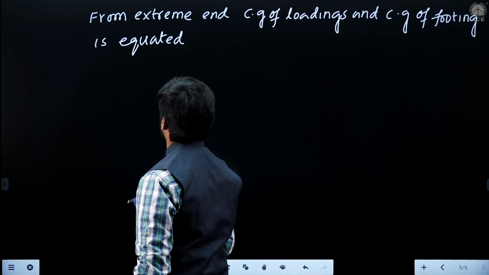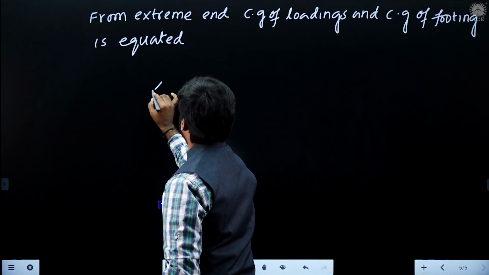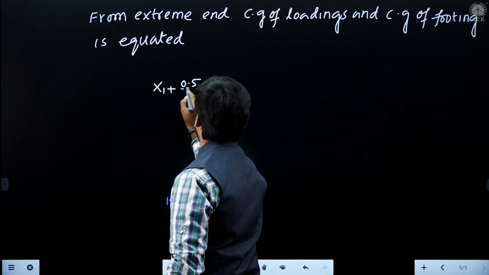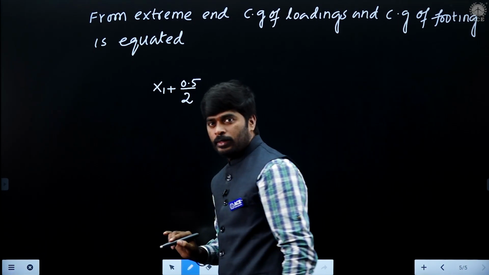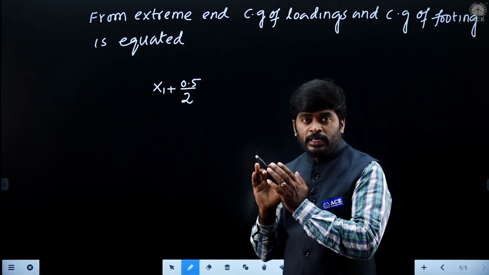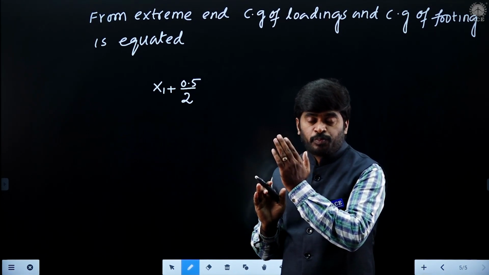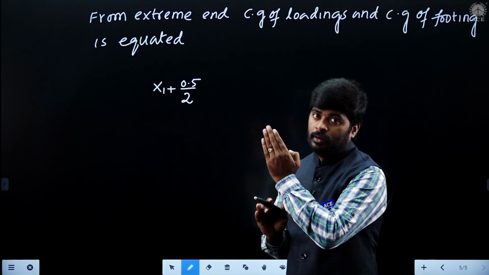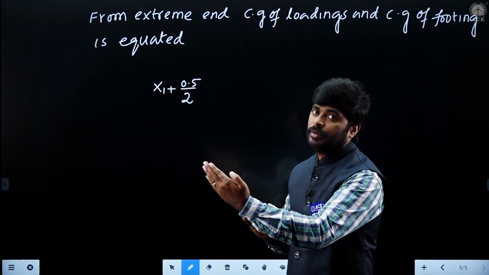Let us equate these two, that is x1 plus 0.5 meter by 2. x1 is taken with respect to CG of column P1, but I want from the extreme edge.